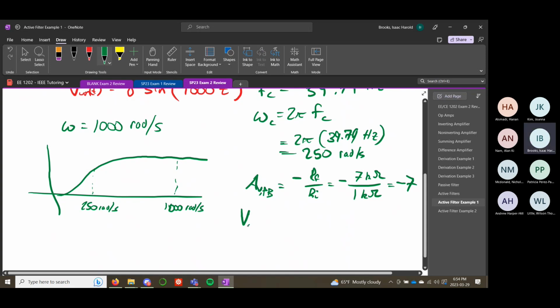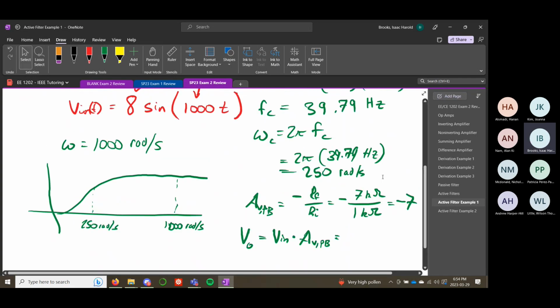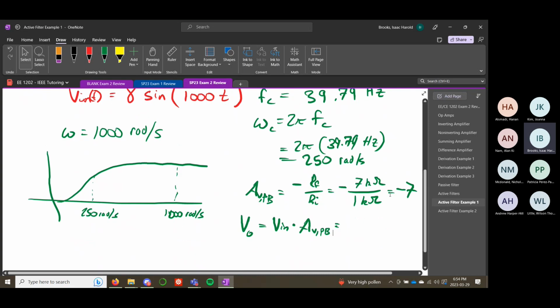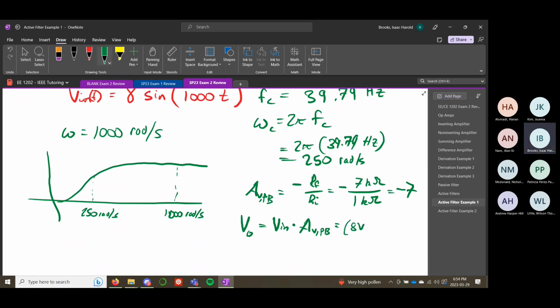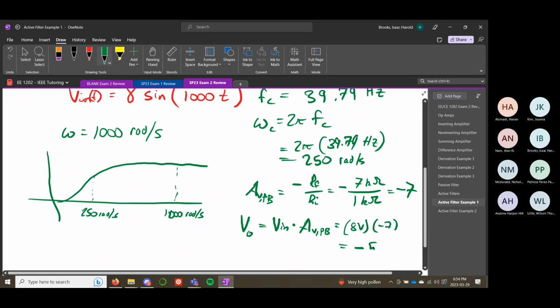V out would then be V in times our gain in the passband, because we're operating in the passband. And our input voltage is 8 volts peak to peak. So 8 volts times negative 7 means that our output voltage should be negative 56 volts. Okay. So that's one example where we are operating in the passband.